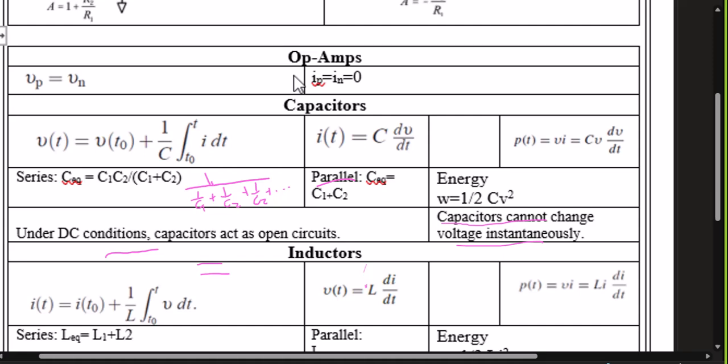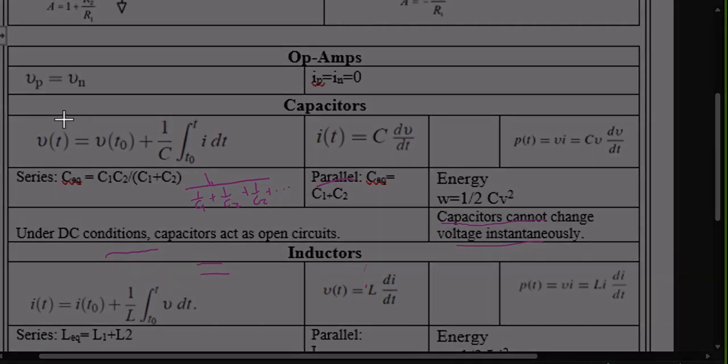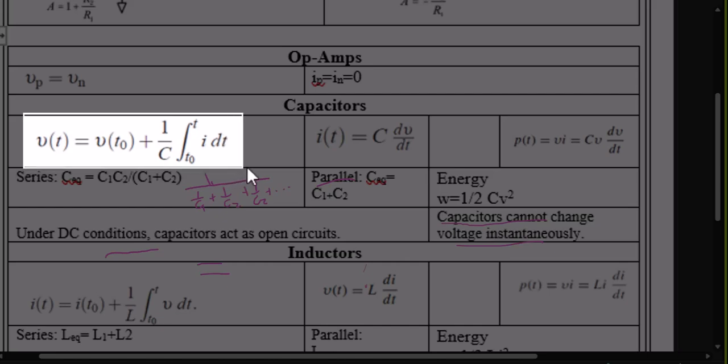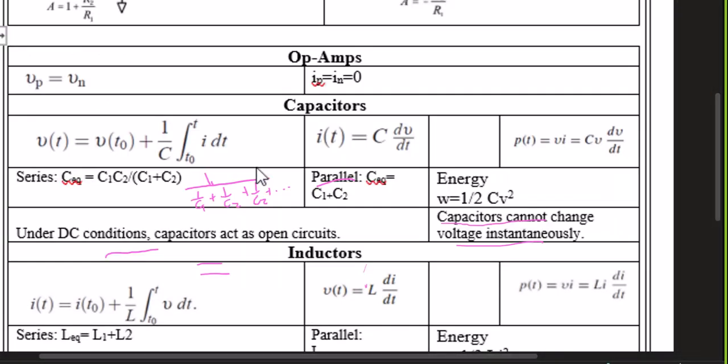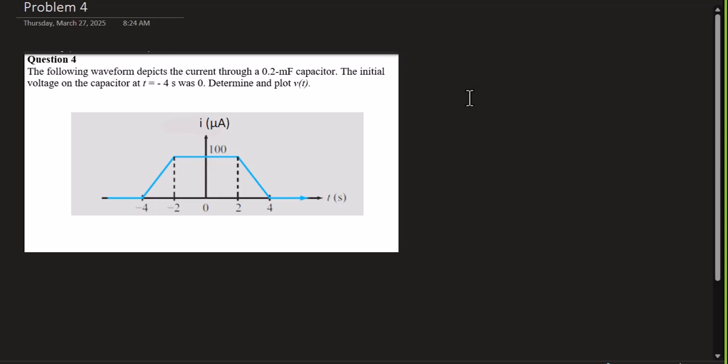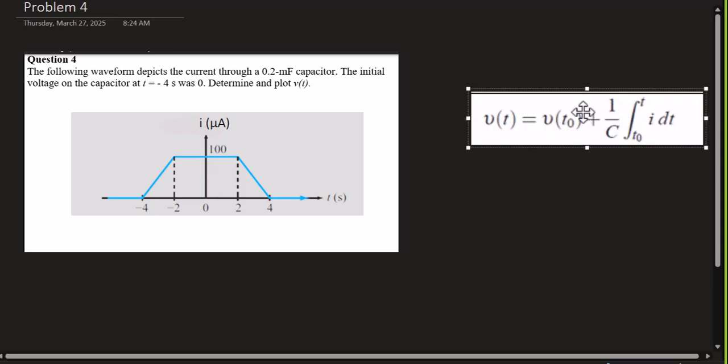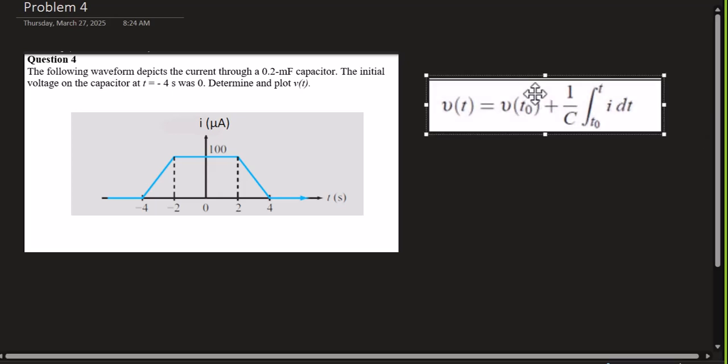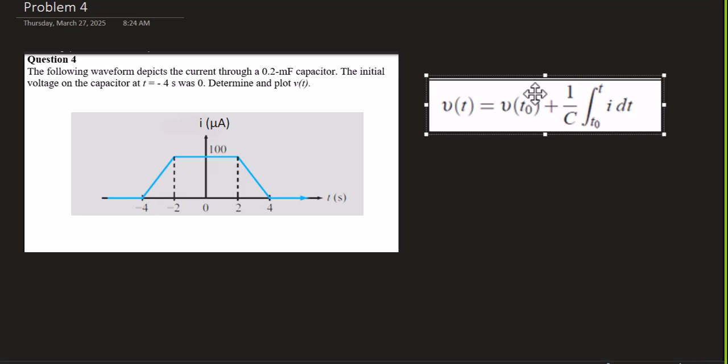So for a capacitor, the voltage across a capacitor is the voltage at time t0 plus 1 over C times the integral from t0 to t of i of t dt.